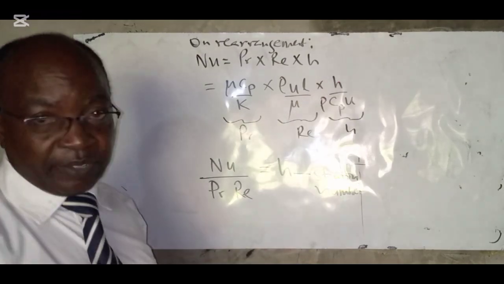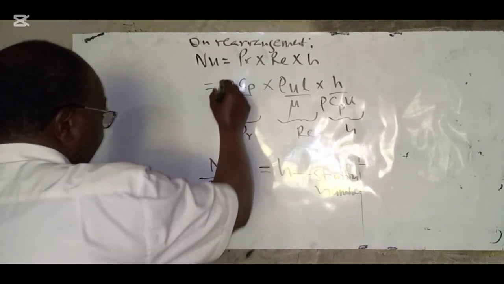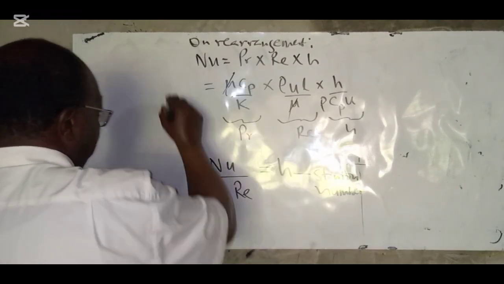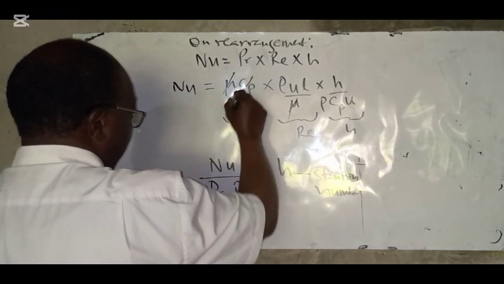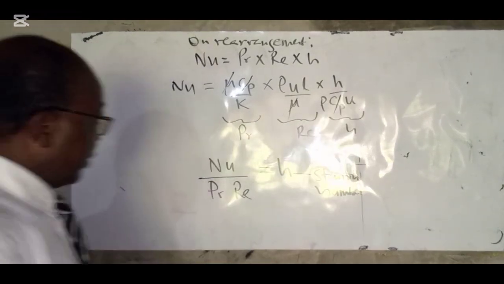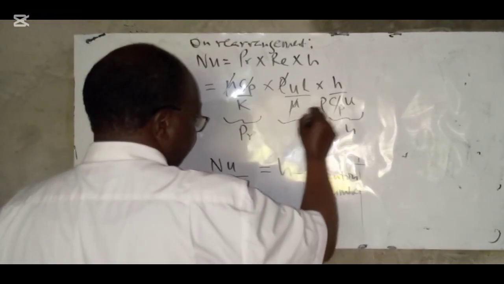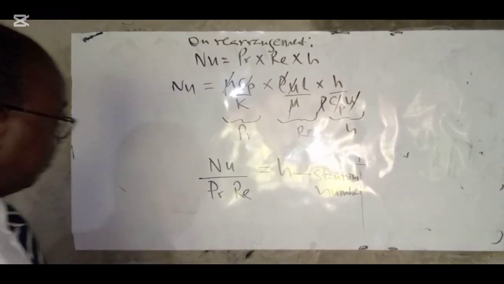Remember, h is the heat transfer coefficient. So you can see that the dynamic viscosities have cancelled. Isobaric heat capacities have cancelled out. What else cancels out? Density has cancelled out. Velocity has cancelled out.